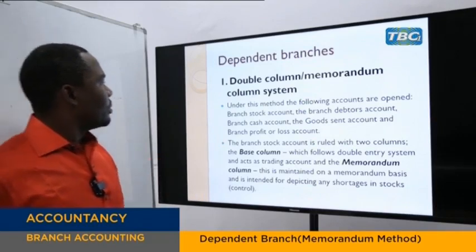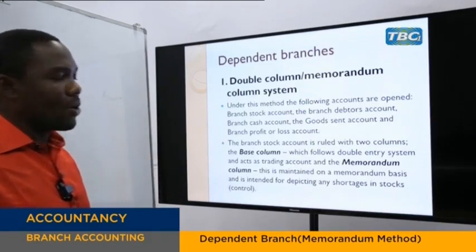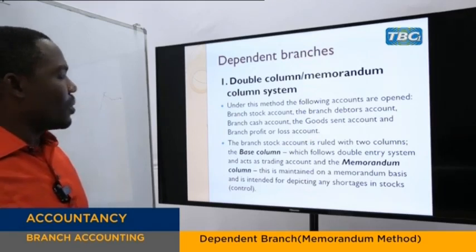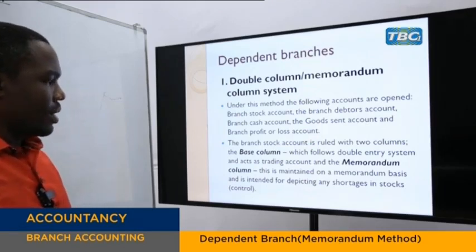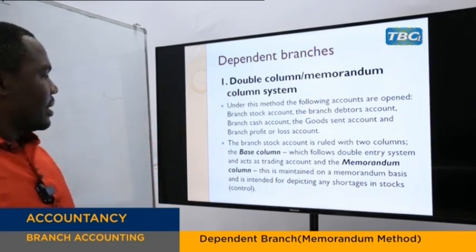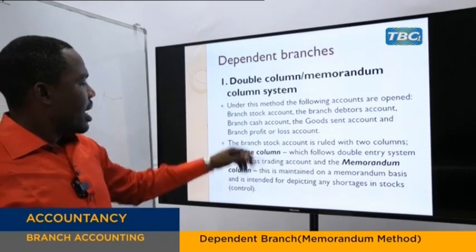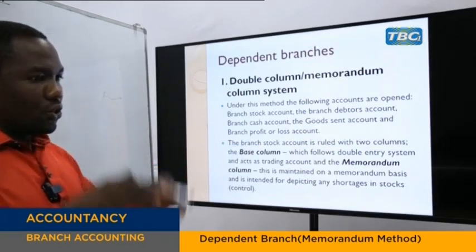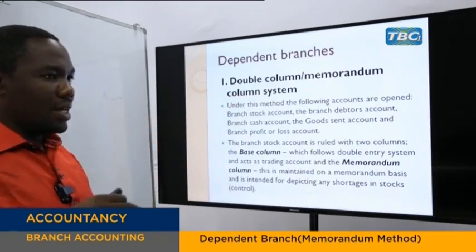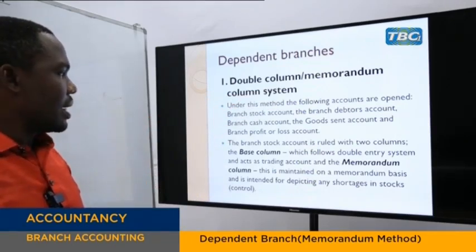Let us see now, what do we mean by the double column system or memorandum column system? This system uses two columns, as the word double column suggests, in the branch stock account.